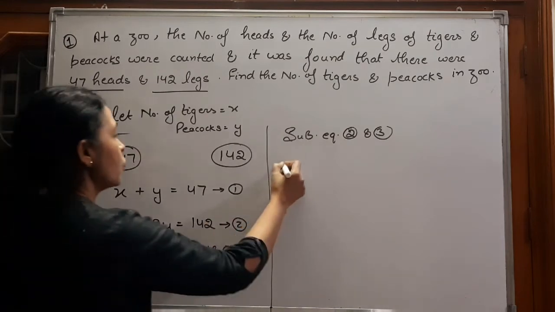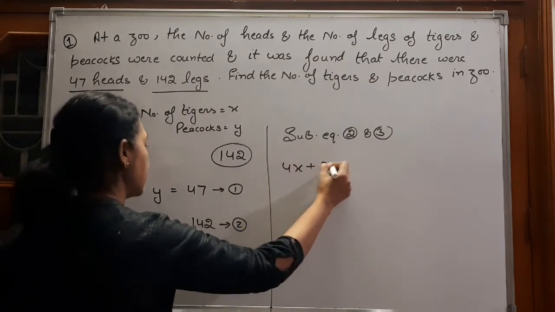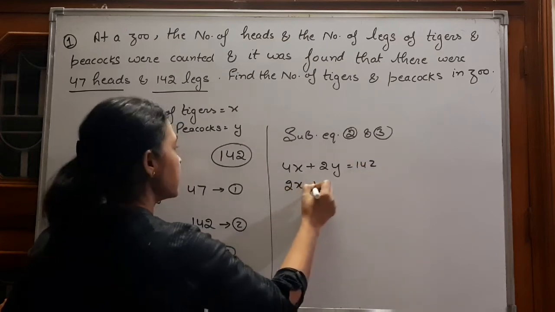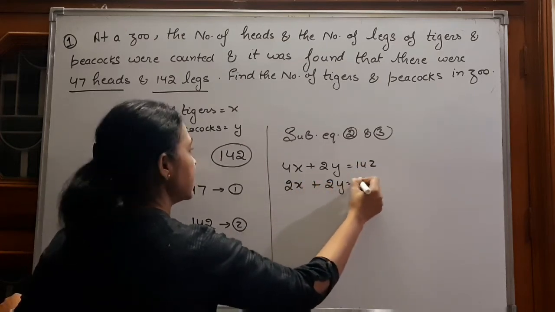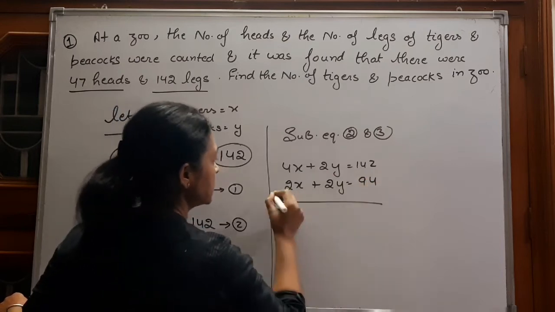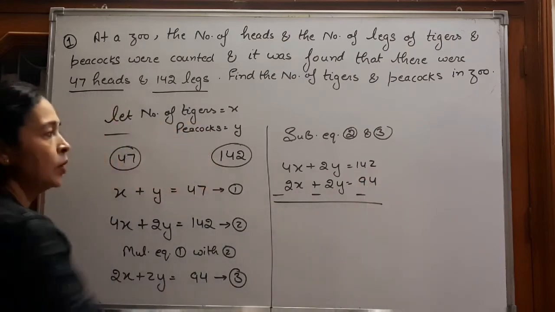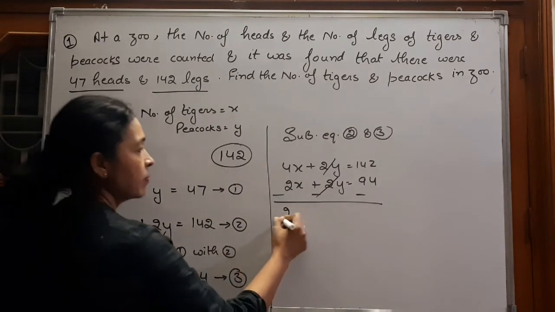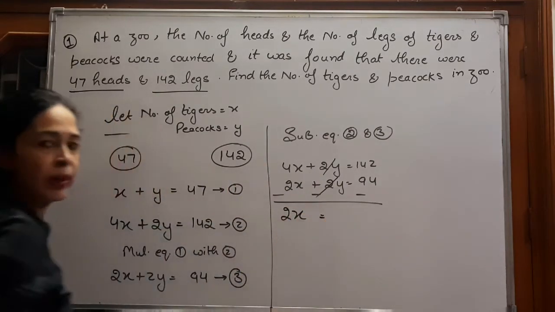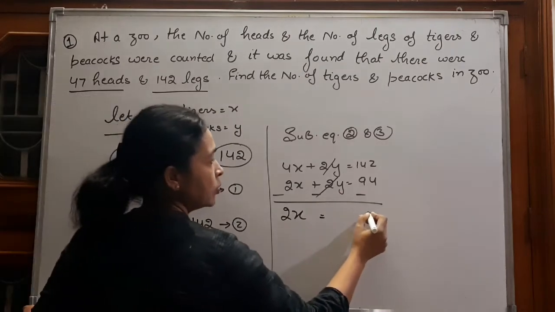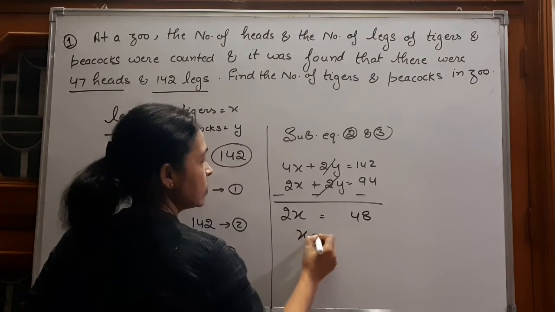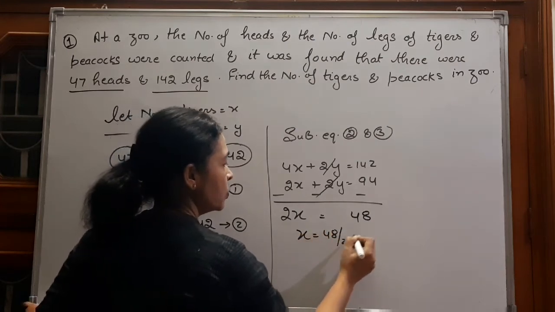Equation 2 is 4x plus 2y equals to 142 and equation 3 is 2x plus 2y equals to 94. The 2y positive and negative cancel. 4x minus 2x, we have 2x. 142 minus 94, you will get 48. X equals to 48 by 2.